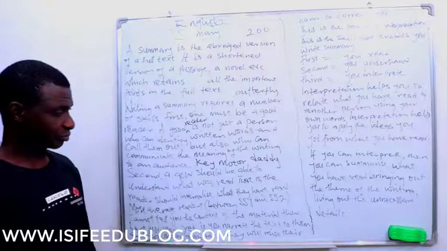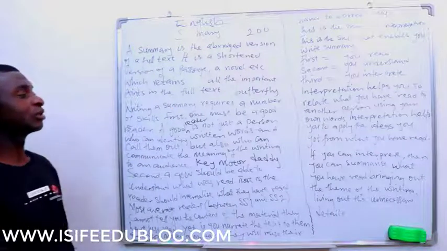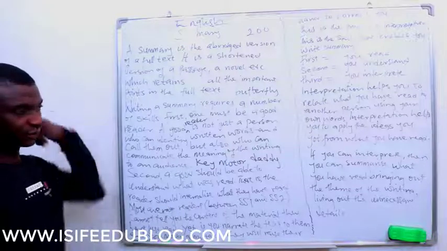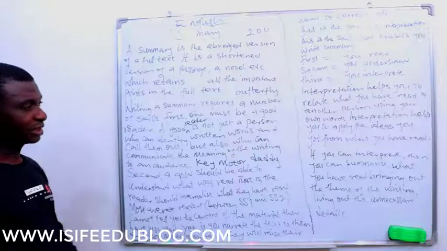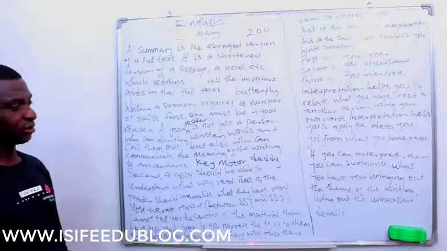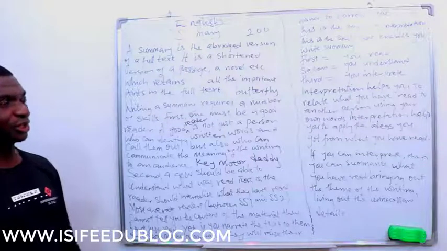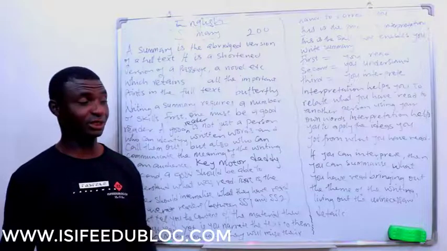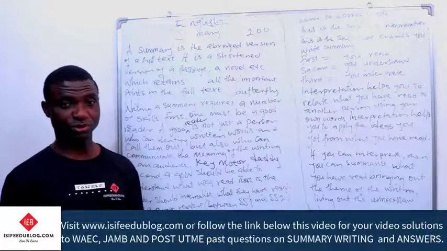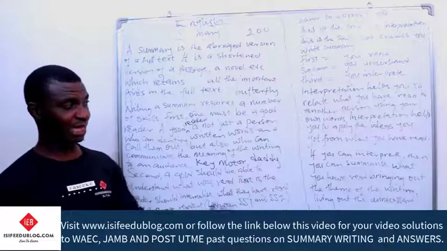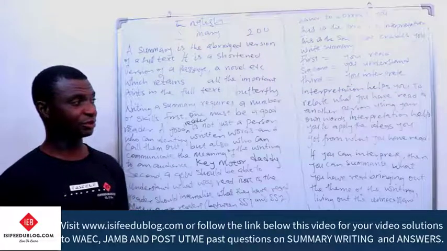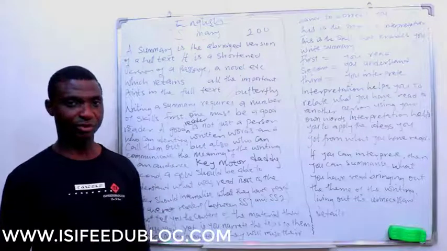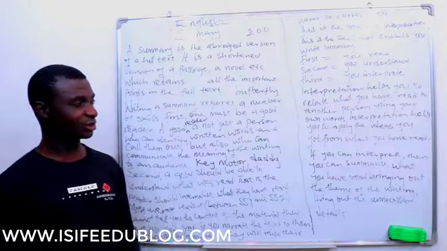Now, I shall be looking at the nature of the WAEC and NECO Summary questions, because that's our focal point. This lesson will be broken into two. The second part will give you tips on summary writing. We have defined summary.